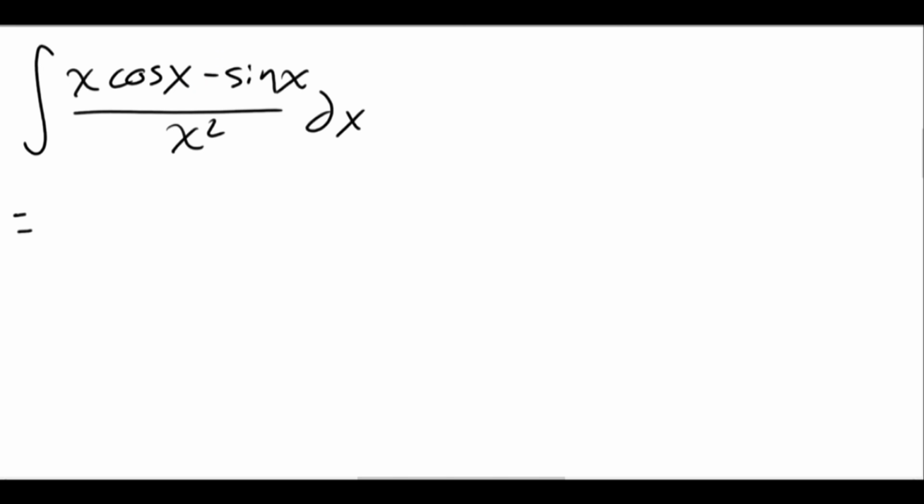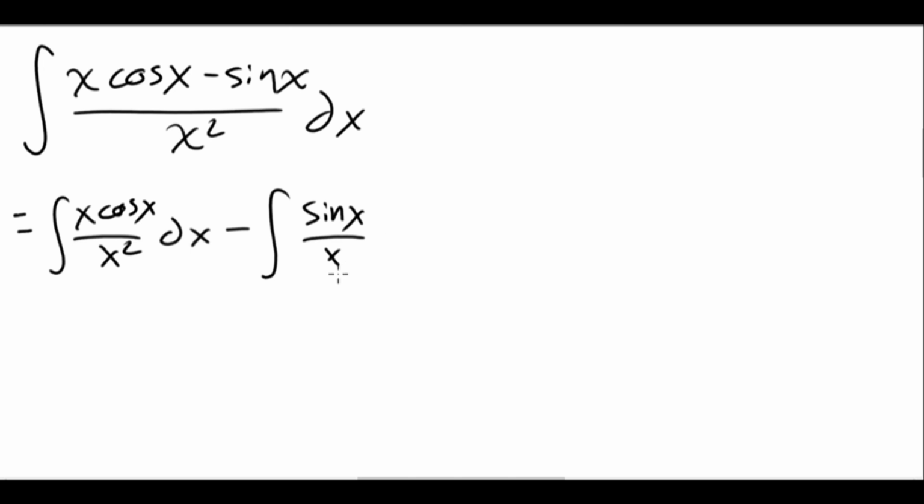We can split this into two integrals. So this is the integral of x cosine of x over x squared, integrated with respect to x, minus the integral of sine of x over x squared, again integrated with respect to x.